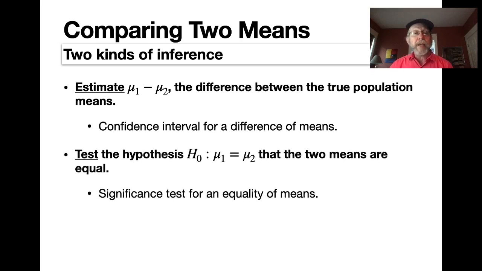You could also test beliefs. You could test the hypothesis, the null hypothesis, that the two means are equal versus an alternative that says that there's some kind of inequality between the two means. And that would be a significance test for two means.